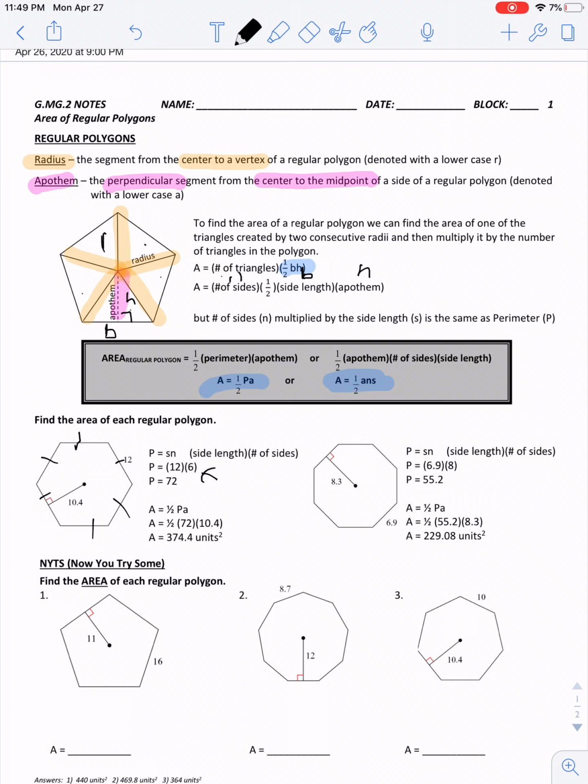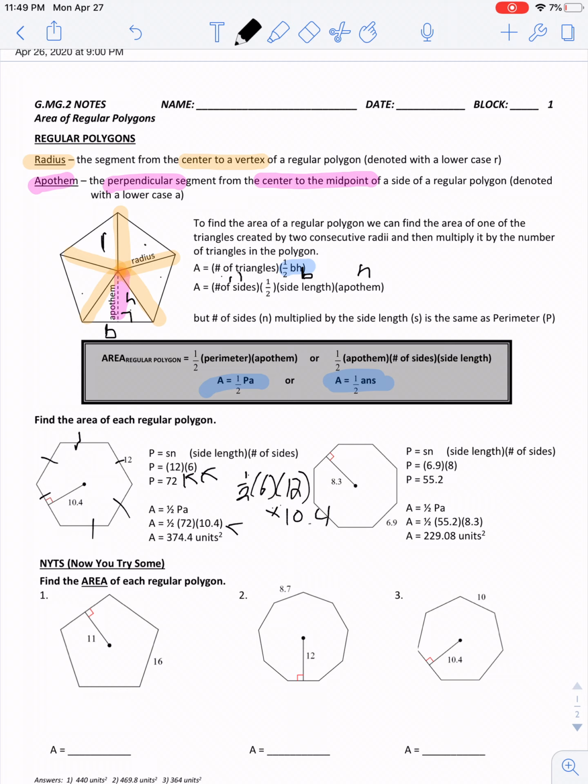Each side is 12, so the perimeter is 72. That's how they do it. If I was working this out, I would do 1/2 times 6 times 12 times the apothem. So this would also be times 10.4. Sorry, guys, I ran out of room.